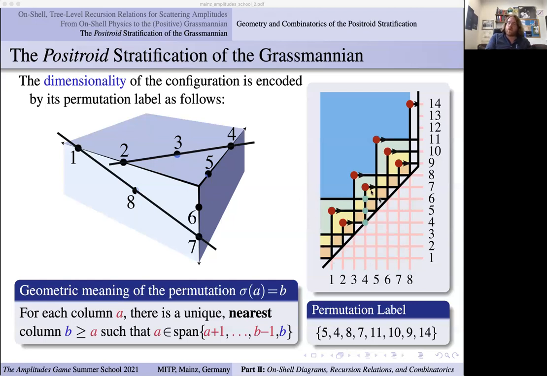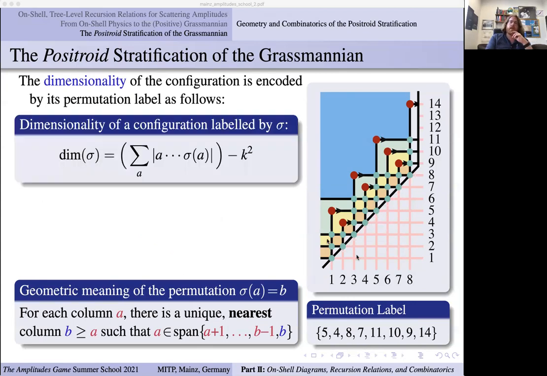So the number of crossings in this table of ranks, or called a juggling pattern, tells you how many degrees of freedom you need to specify this configuration. And in particular, the dimension of that configuration is just the rank of A up to its permutation image.